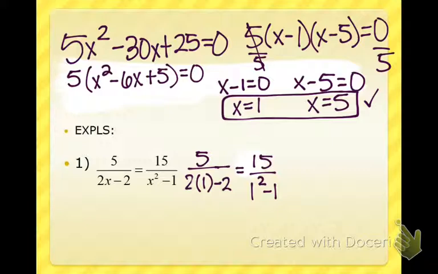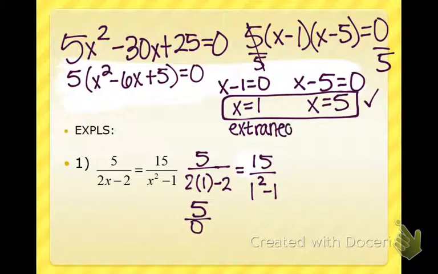Why is that? Because the 15 over 1 equals like 0. Oh, so we take 2 times 1, we get 2. 2 minus 2 is 0. What's wrong with that? You can't do it. You cannot divide by 0. So I would agree. I would say that this one would have to be extraneous.